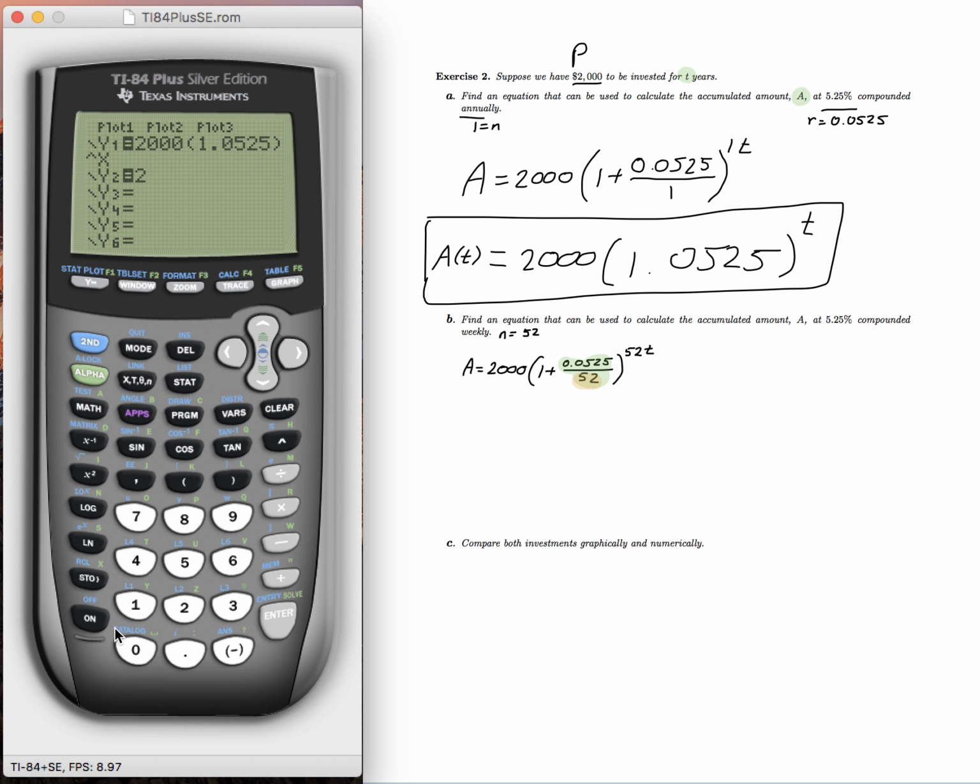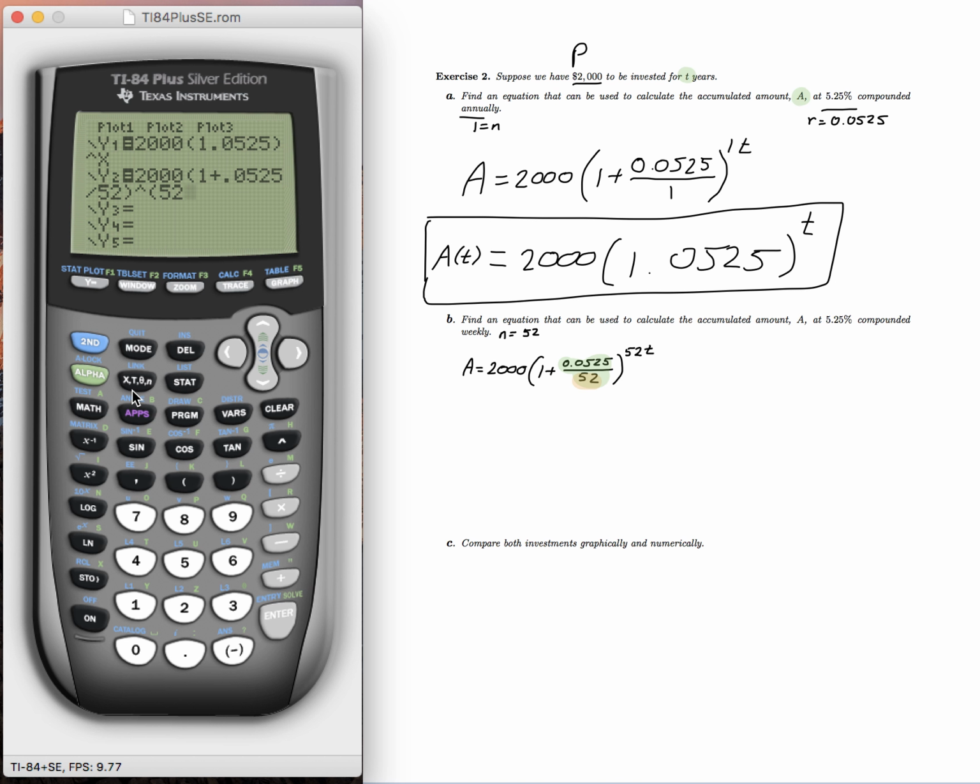And we'll plug in the second function, this time 2000 times 1 plus 0.0525 divided by 52 in parentheses, and we raise that to the kind of wacky looking exponent 52x.